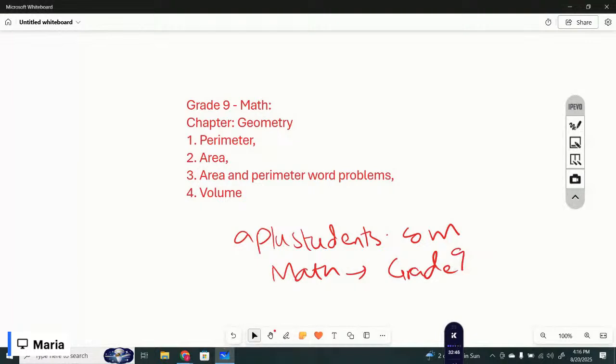We're going to start with the chapter geometry. The lessons we're going to cover today are perimeter, area, area and perimeter word problems, and volume.